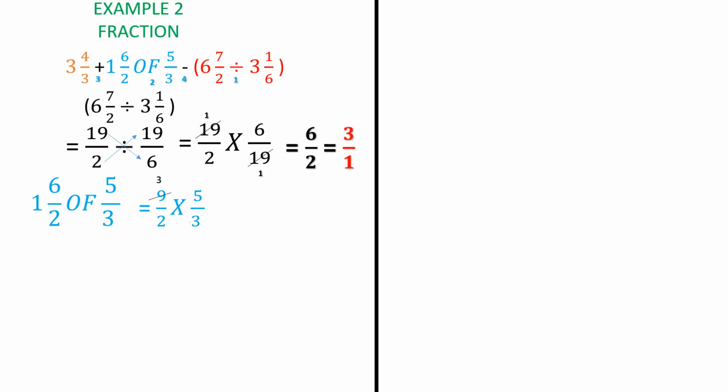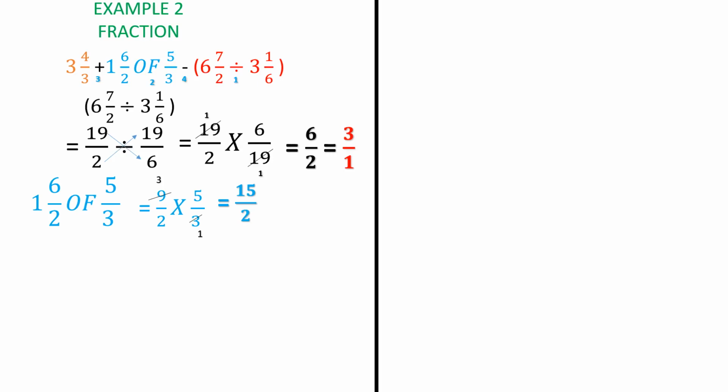So 9 divided by 3 is 3, and 3 divided by itself is 1. So therefore I now have 3 times 5 divided by 2 times 1. So I'm going to have 3 times 5 is 15 divided by 2 times 1 is 2, and that is the answer for the second step, which is of.